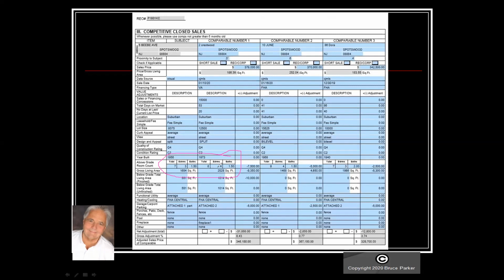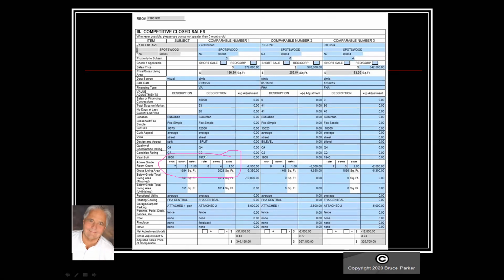The comparable has 4. And both have 1.5 baths. So we're finding that the comparable is superior. And what do we do for superior? We subtract for superior. So we are going to subtract 7,500 for superior. We subtract for superior. Okay?